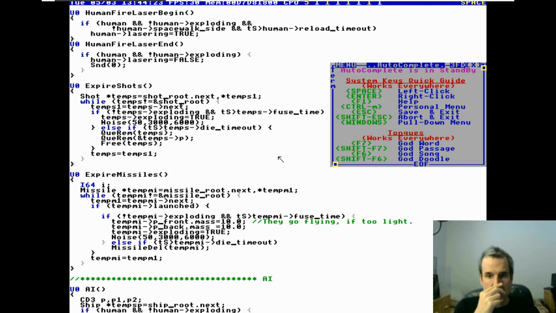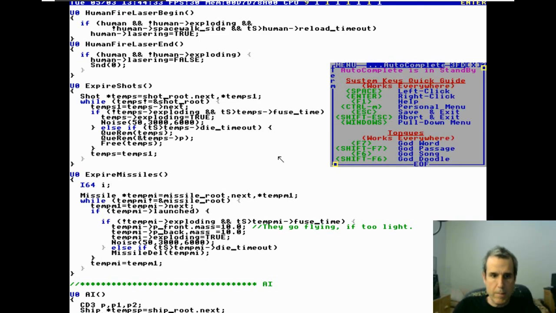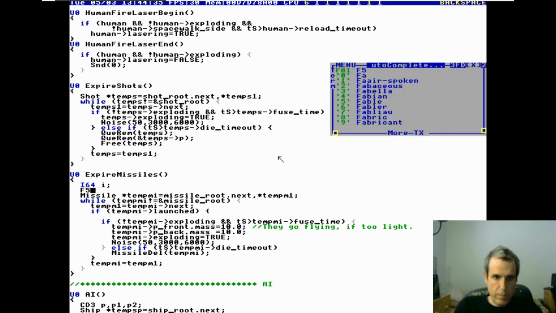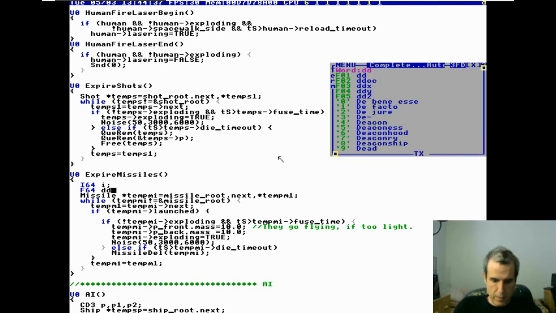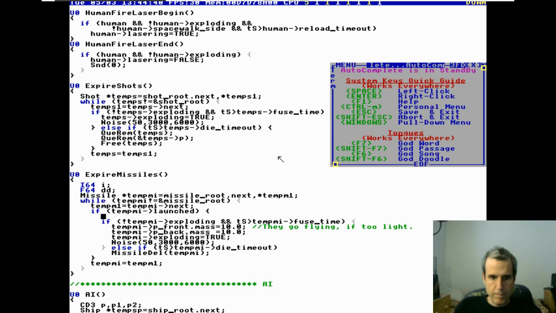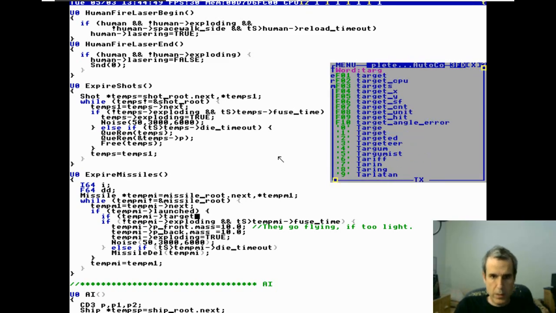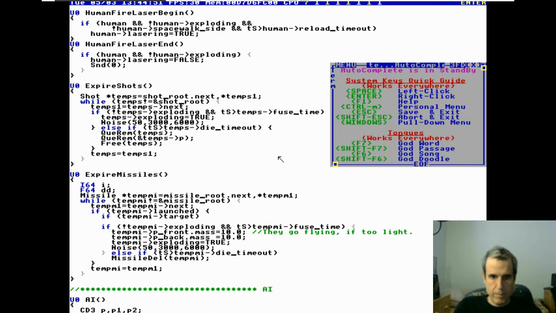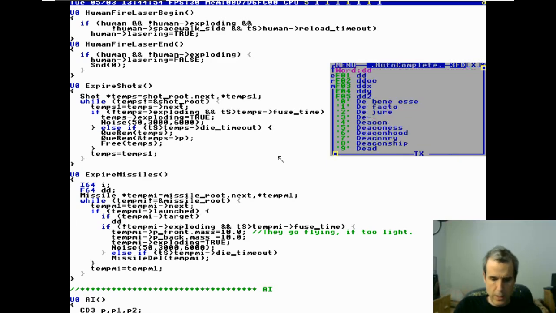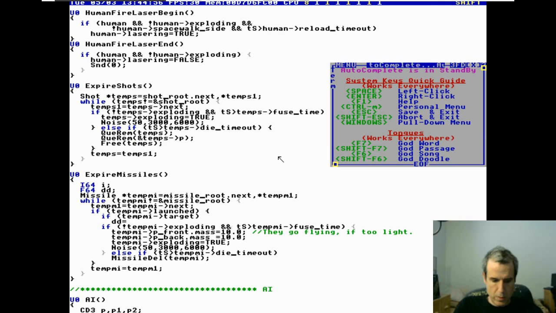If not exploding, okay, F-64 DD. If temp MI target DD equals D3.